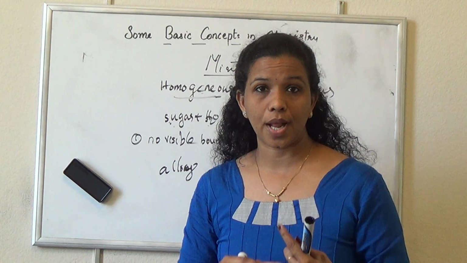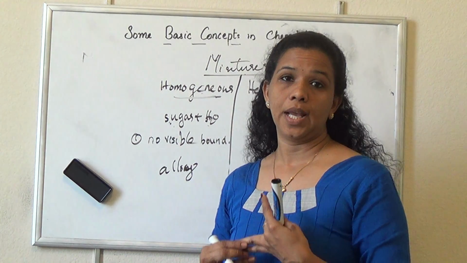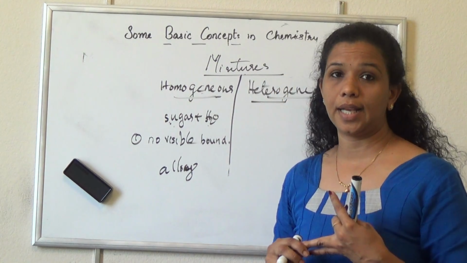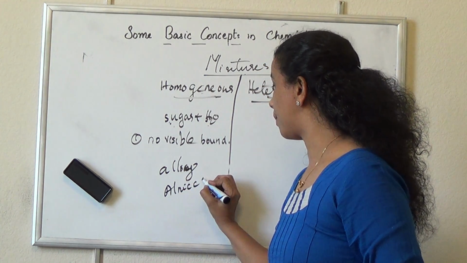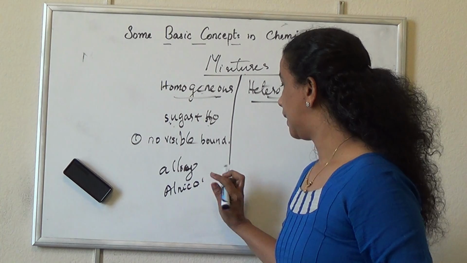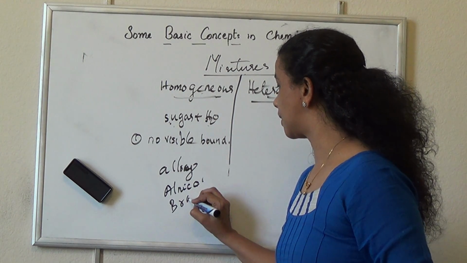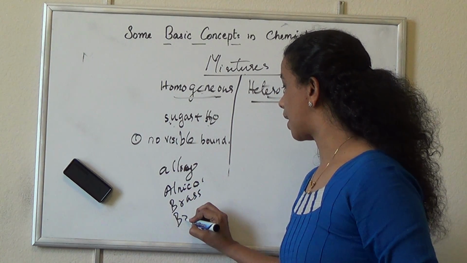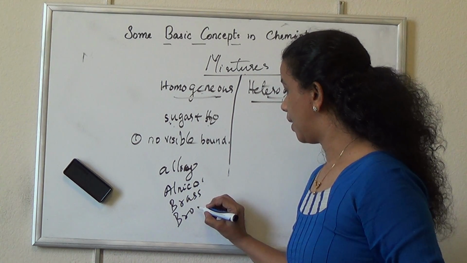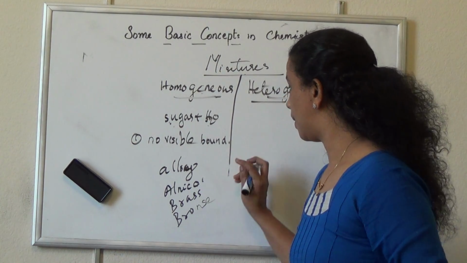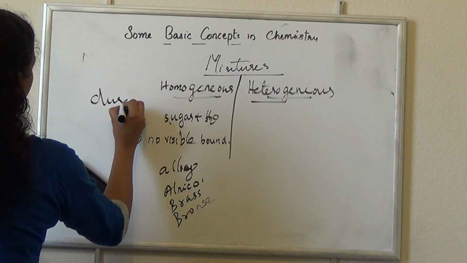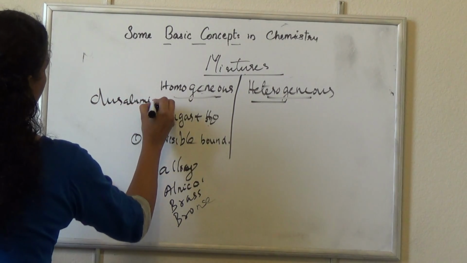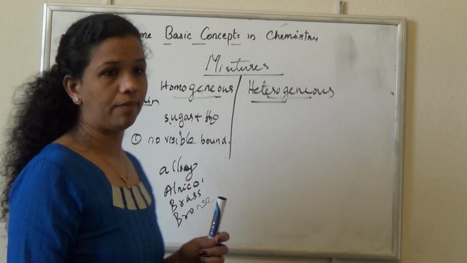Or duralumin, magnalium, alnico, which is used for making magnets. Then brass, bronze, they contain copper. Duralumin is an alloy of aluminium with other metals.